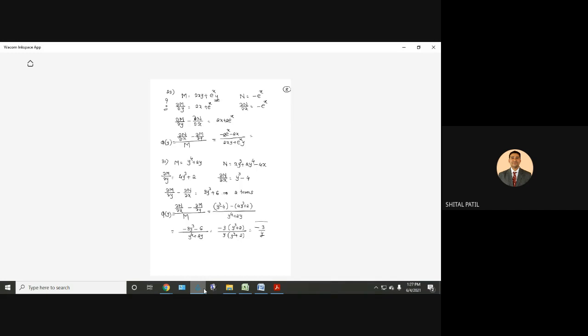But again, it is not the integrating factor. One upon y cube. Clear?